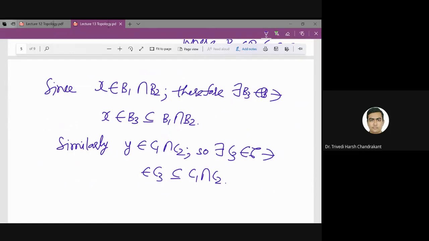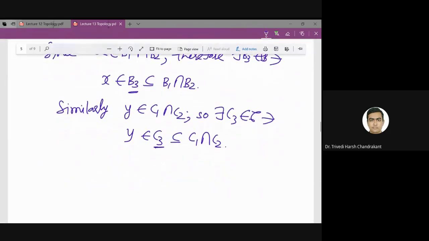Now we have two elements, C3 and B3. Since we are in X cross Y, we will take the cross product. So x is in B3, y is in C3, so (x, y) is in B3 cross C3.